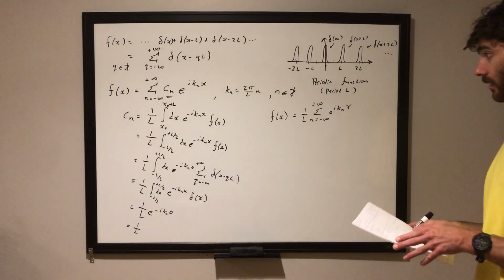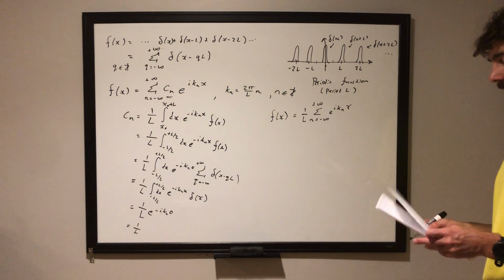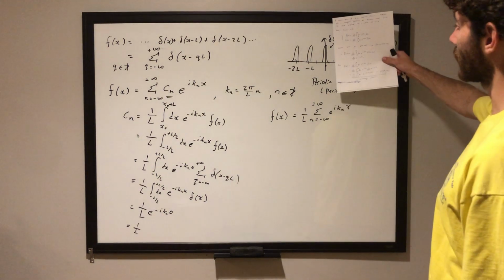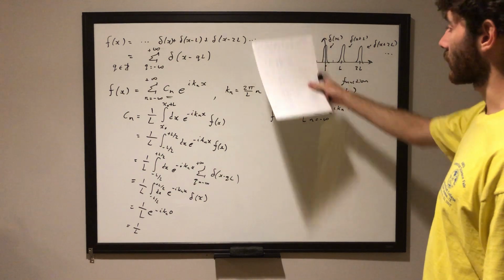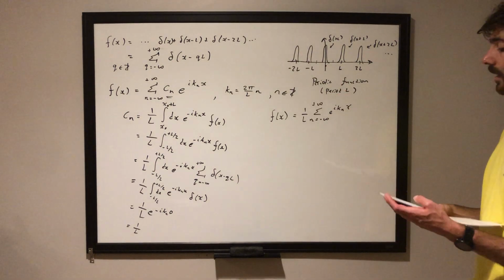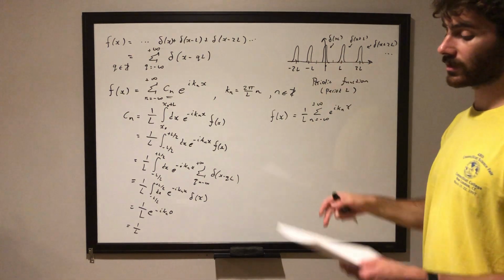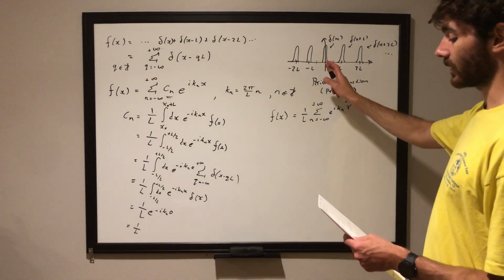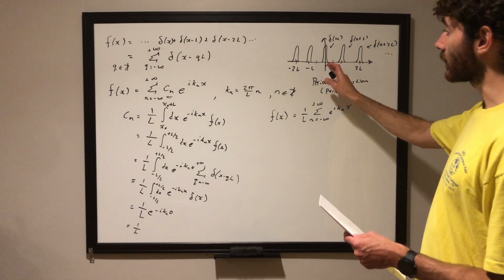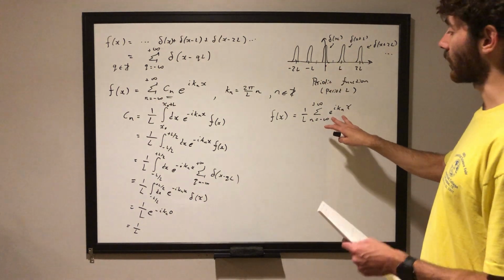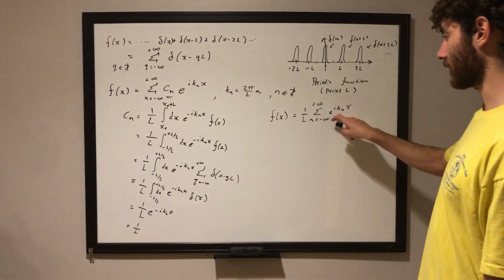So the observation is that if we focus our attention within just this window of L over 2 for a second, we see that a narrow peak, a delta function, centered at x equals 0, results from a superposition of harmonic waves. These guys are the harmonic waves.